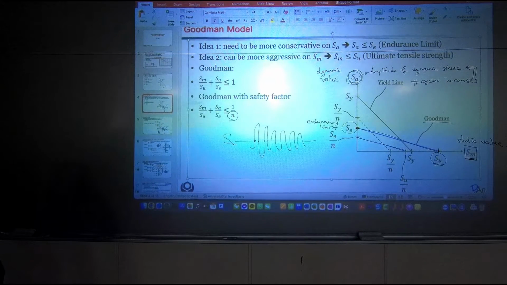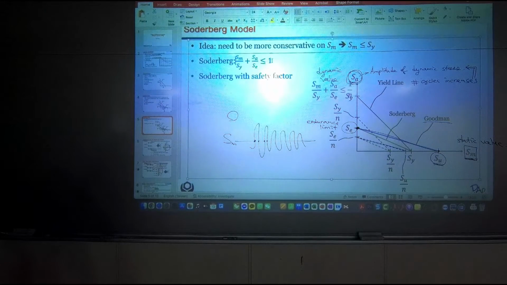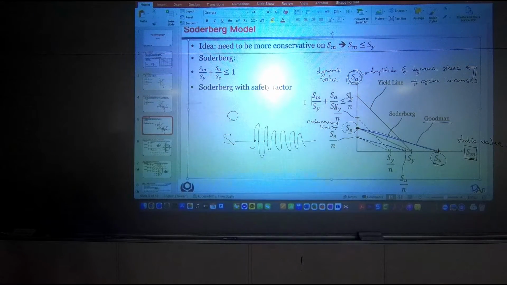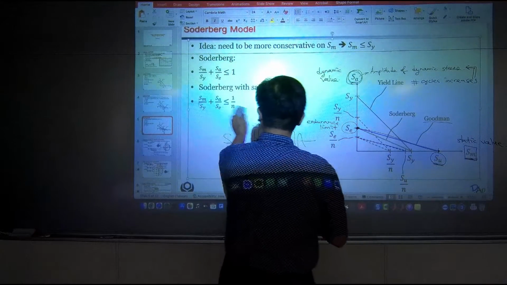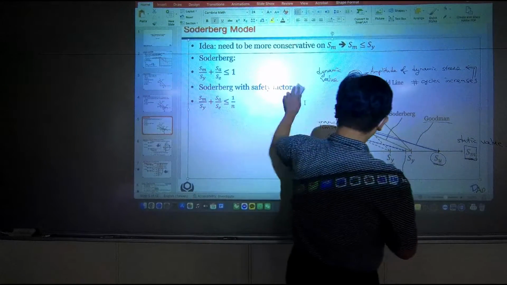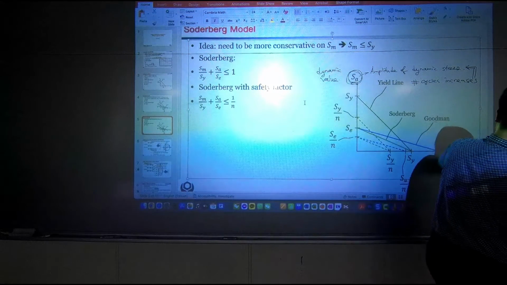So for the Soderberg model, a much more conservative design was introduced.